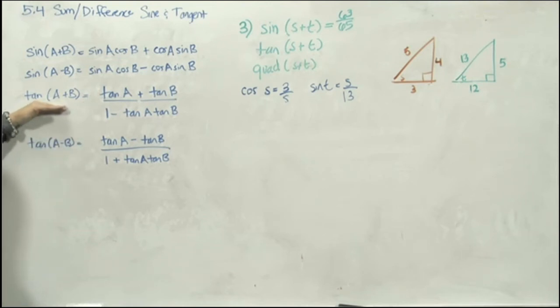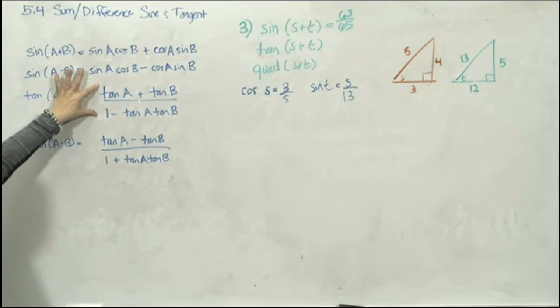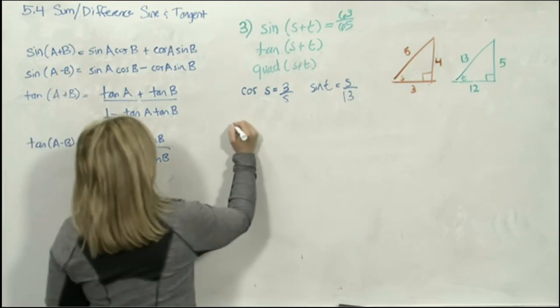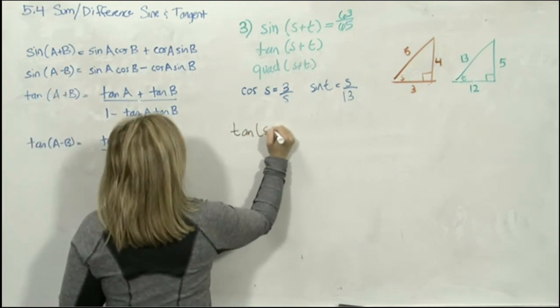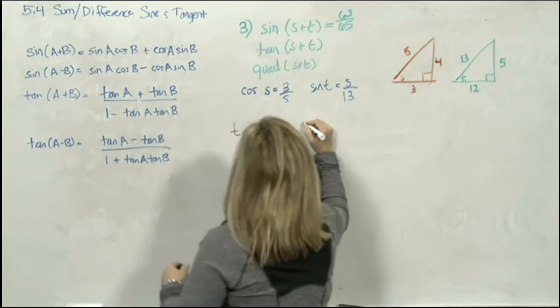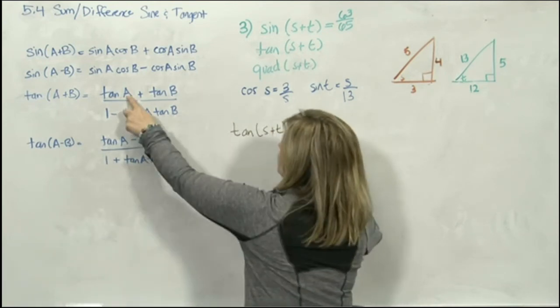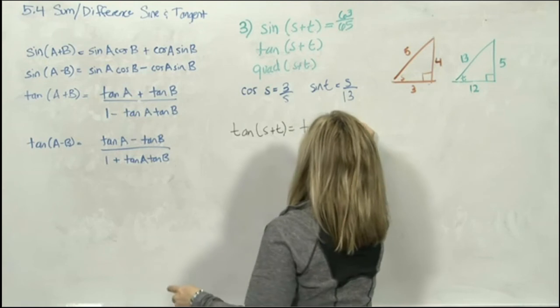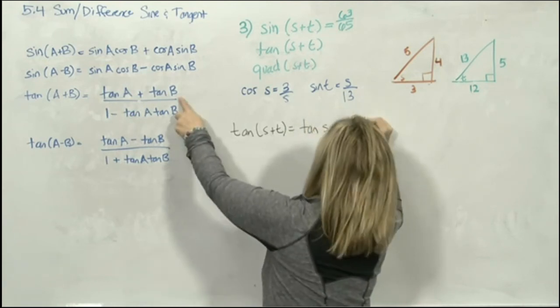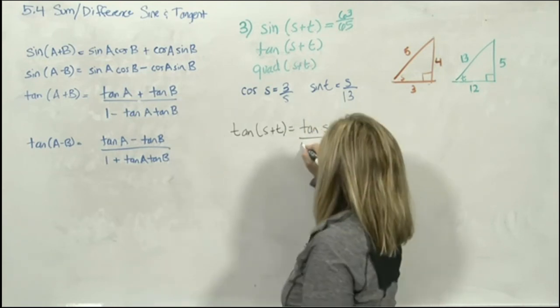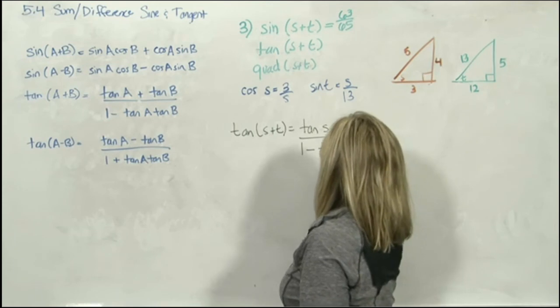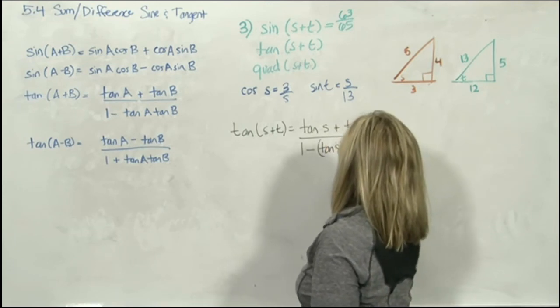They are giving us the left side. Instead of using A and B, they're using S and T. We're going to give them out the right side. So we know the tangent of S plus T would equal the tangent, instead of using A, we're using S, plus the tangent, instead of using B, we're using T, over 1 minus tangent S, tangent T.